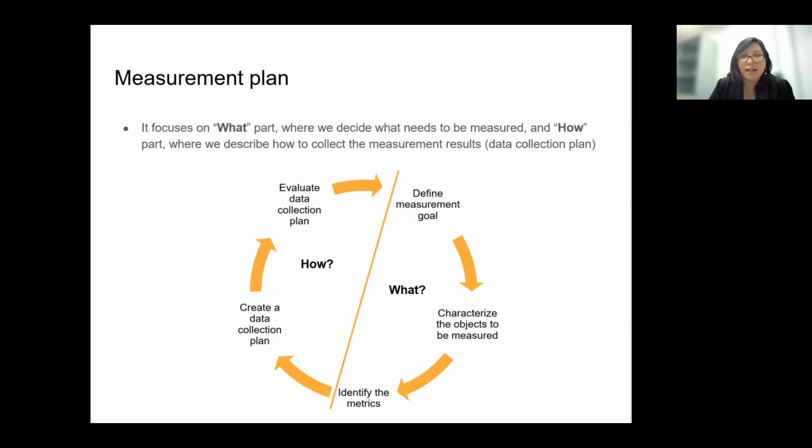So the plan starts with the definition of the measurement goal, and then we have to characterize the objects to be measured. Once the objects to be measured are characterized, we identify the metrics. As a second part, we have the how. In this second part, we mainly focus on the data collection plan.